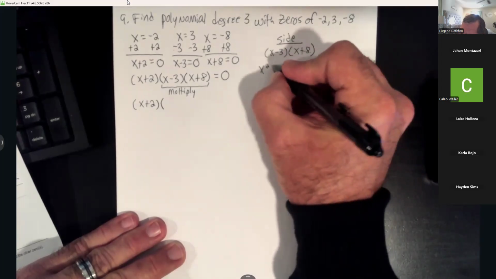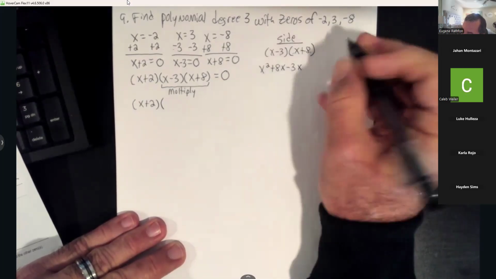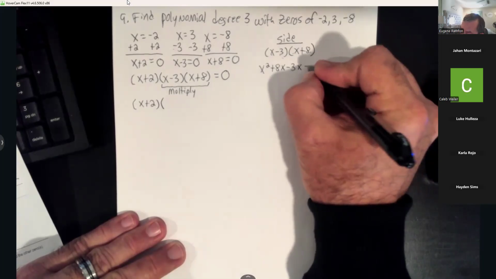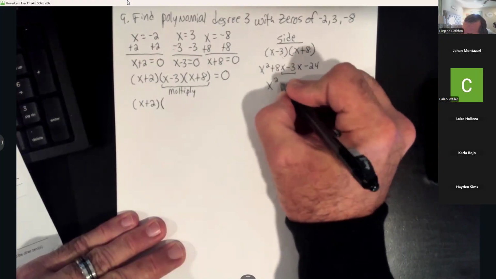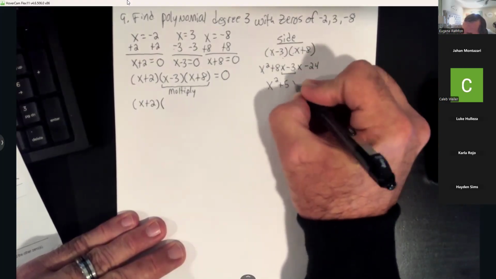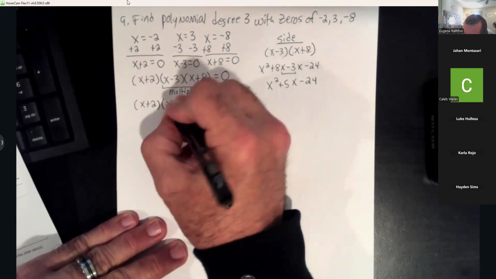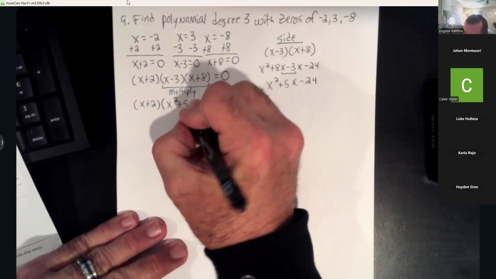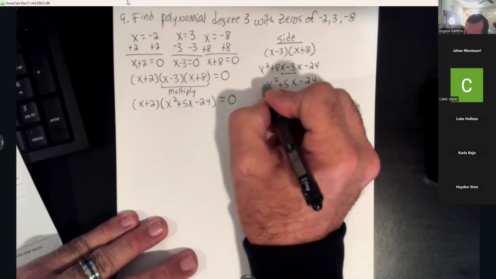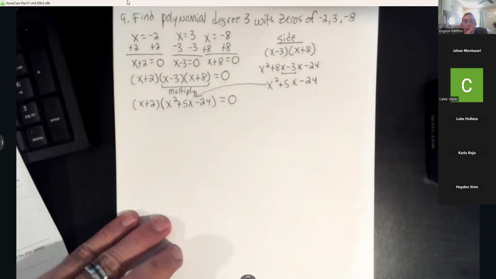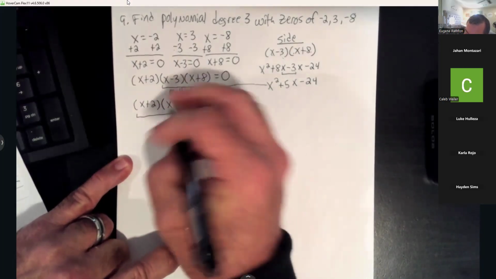X times 8 is 8x. -3 times x is -3x. And then -3 times 8 is -24. Adding the like terms in the middle, I get x squared plus 8 minus 3 is 5x minus 24. So I'm going to put that right here now and set this all equal to 0. All right, so now what I got left is to multiply this.